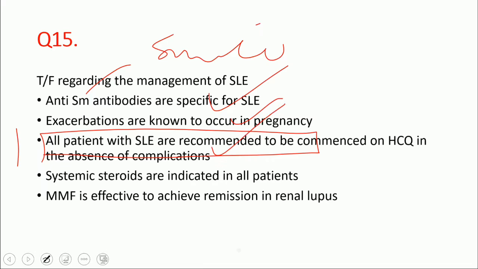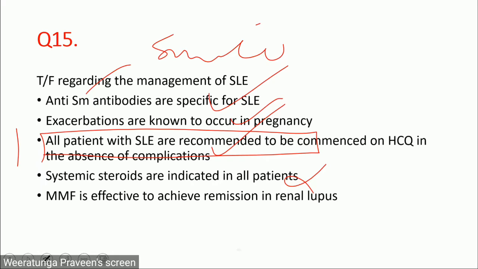Right. Now, systemic steroids are indicated in all patients. Obviously, you don't give systemic steroids to everybody. Patients with skin disease, you don't give systemic steroids. In very mild forms of the disease, sometimes you don't give anything except for HCQ. So that is false. But of course, in patients with very severe life-threatening disease, organ problems, you do give them systemic steroids, IV, oral steroids, high doses.